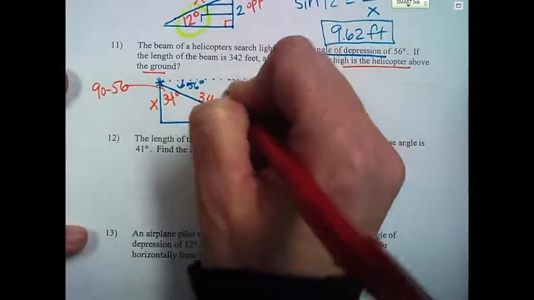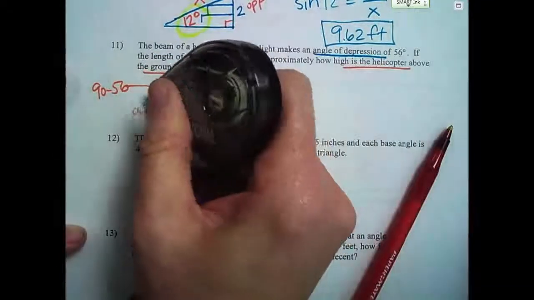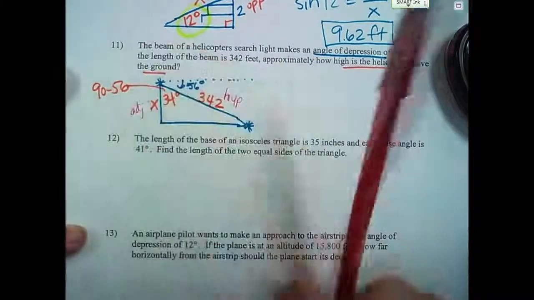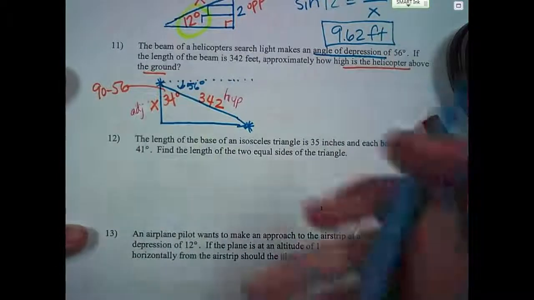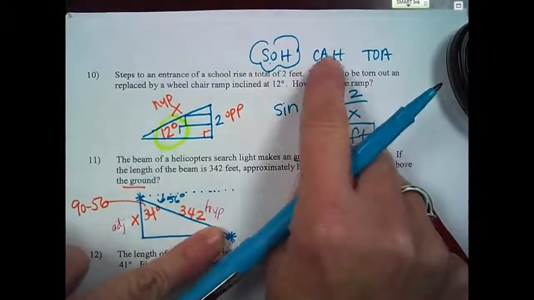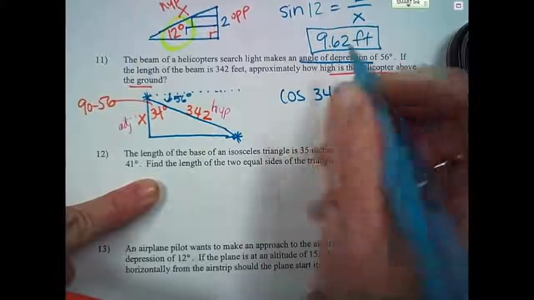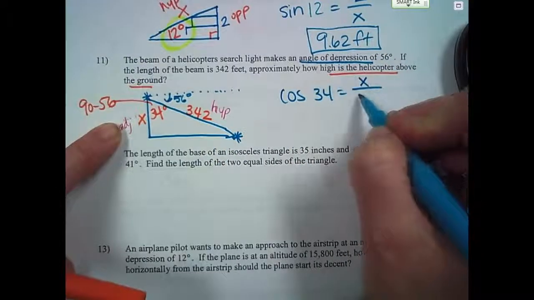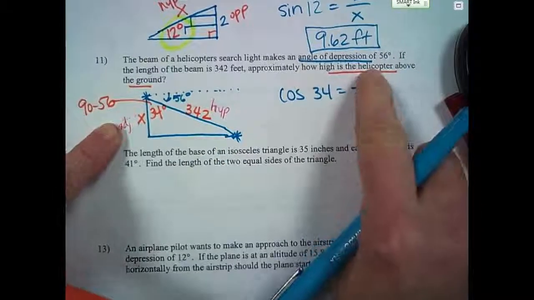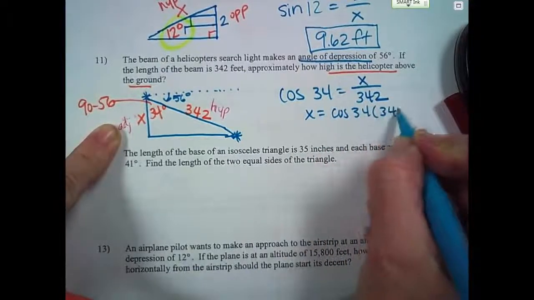This is the hypotenuse, and this is the adjacent, of that angle. So to set up your equation, if I've got an adjacent and hypotenuse, that's cosine. So cosine of 34 is the adjacent x over the hypotenuse 342. Since x is on top, all you're going to do is take cosine of 34 times 342.